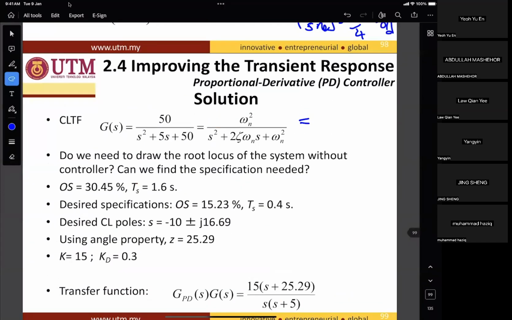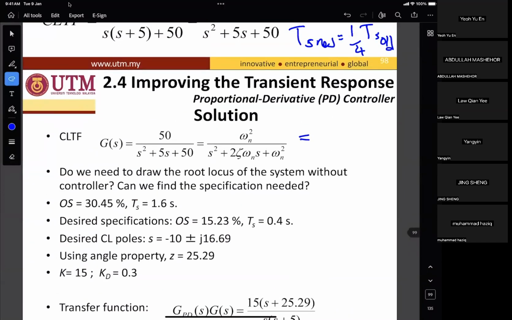So you will get omega n. What is the value of omega n? Square root of 50, which is 7.07.